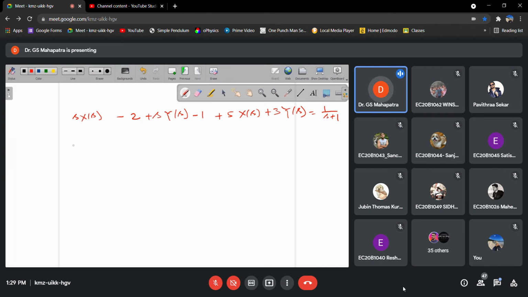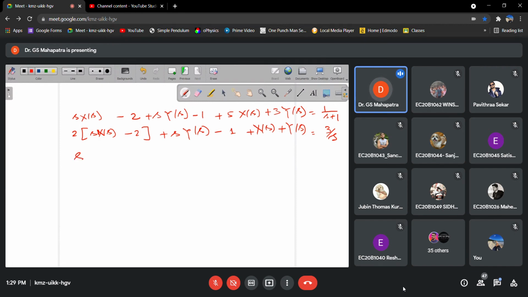And the other one is twice s of x of s minus 2, plus s y of s minus 1, plus x of s plus y of s equals 3 by s. This is okay.